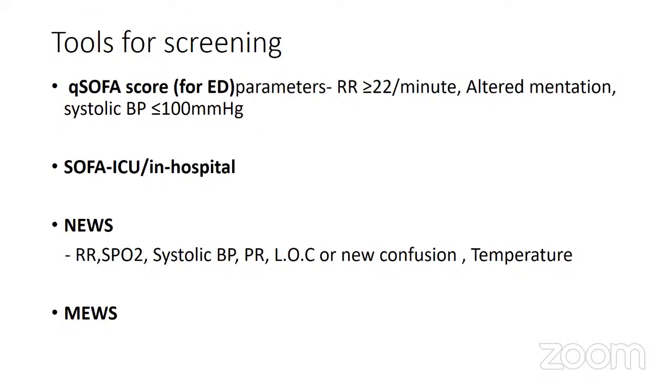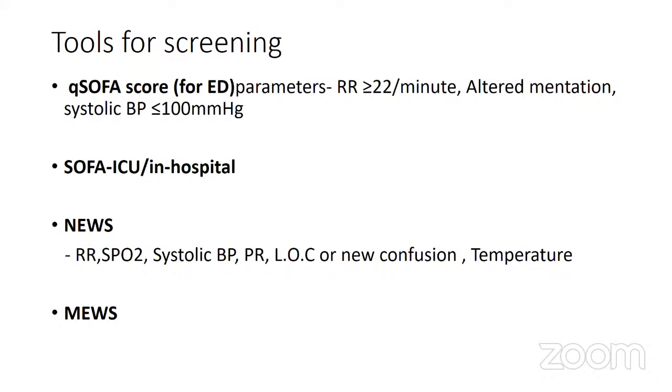Yeah, so there are quite many tools for screening for sepsis. Some of them we use in most of our critical care units here, and some we probably don't use quite so frequently.